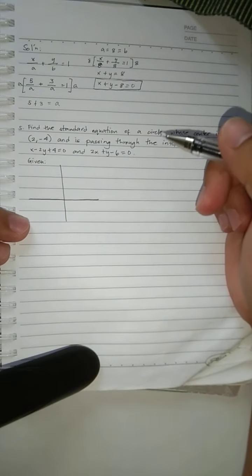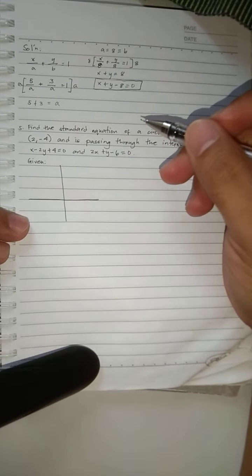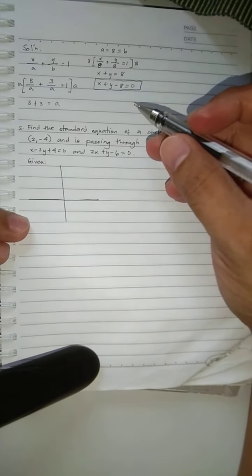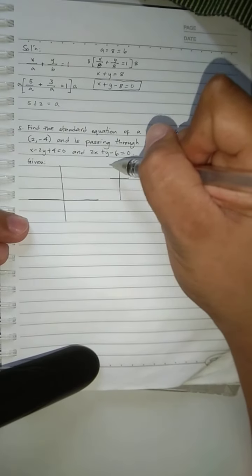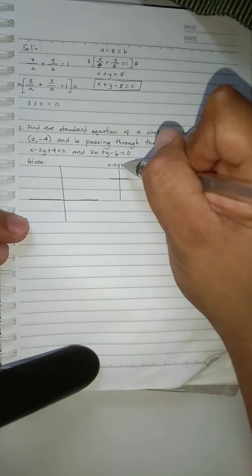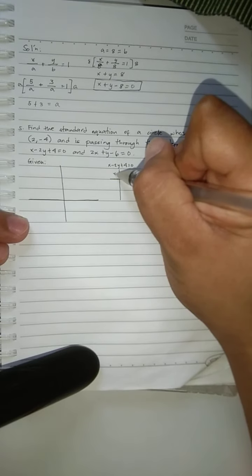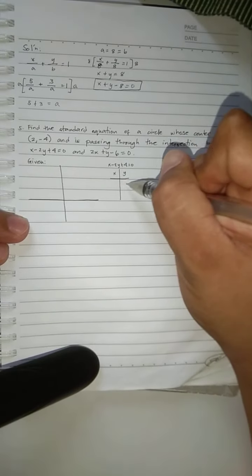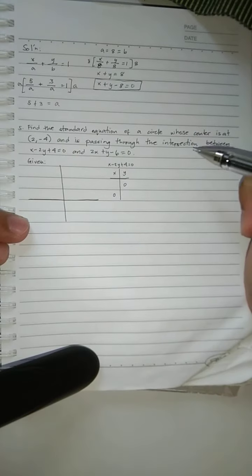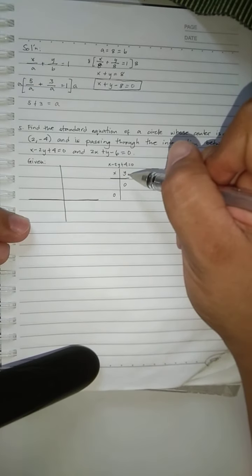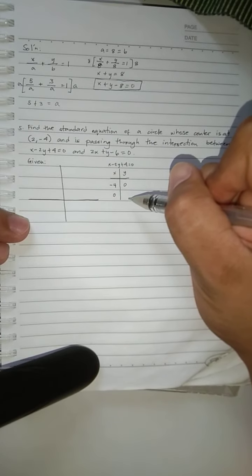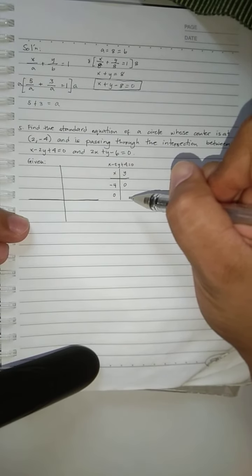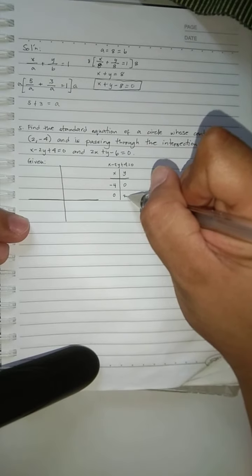Okay, so let's start by graphing the lines first. Let's start with x minus 2y plus 4 equals 0. So you have x and y. Again, let's tabulate the intercepts. When y equals 0, x equals -4, and when x equals 0, y is 4 divided by 2, so that's 2.